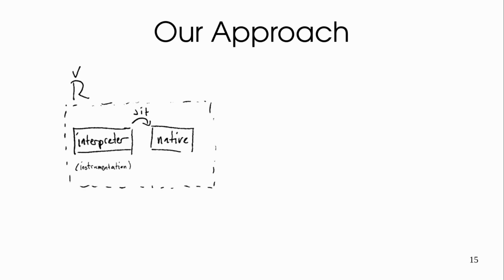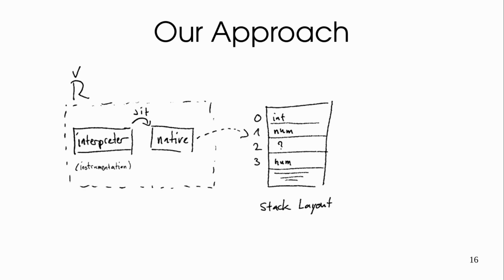Now what we added to this optimizer, to the native backend, is a mechanism to extract the stack layout. So for every function, we need to know in which stack slot there is which variable. And in particular, we want to know what the original type feedback for that variable was.